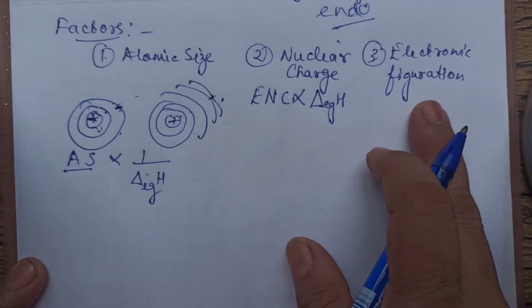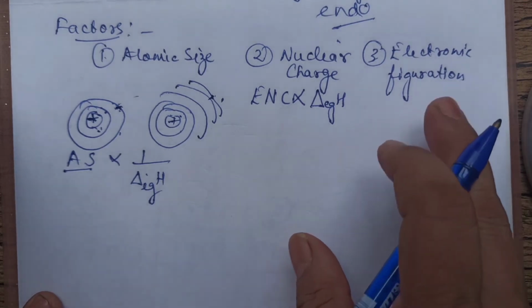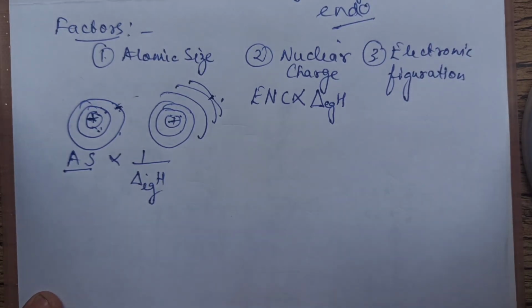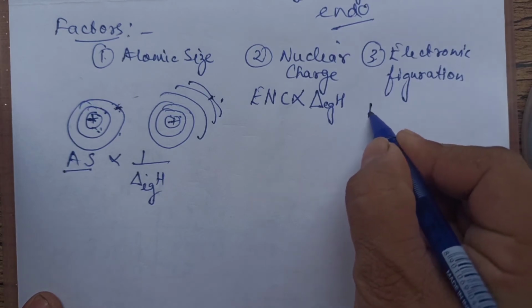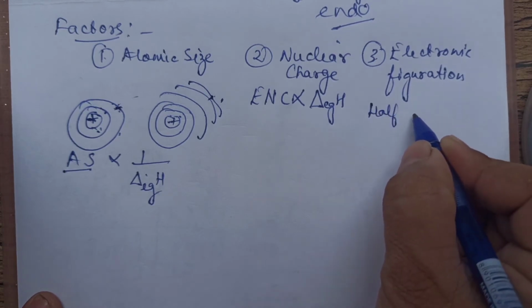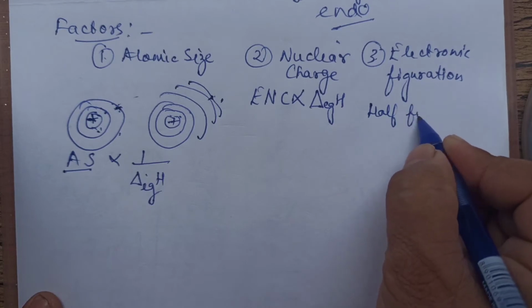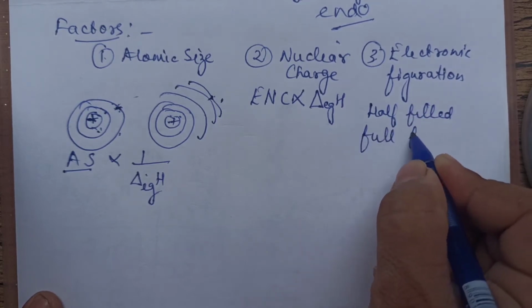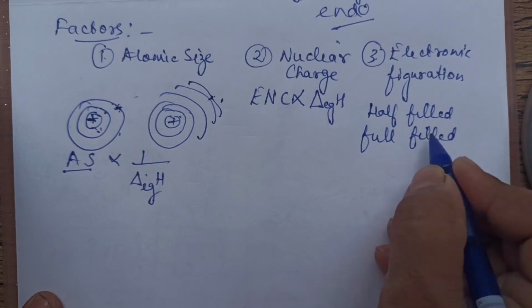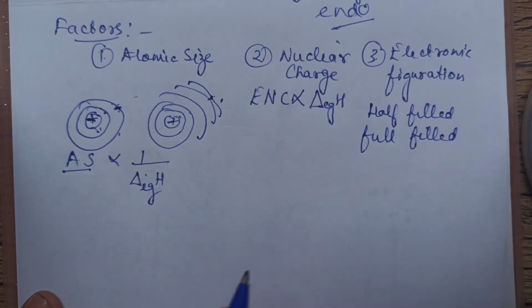Now let's see electronic configuration. How will the electronic configuration affect the electron gain enthalpy? If the configuration is half filled or full filled, we have already discussed that they are very, very stable.